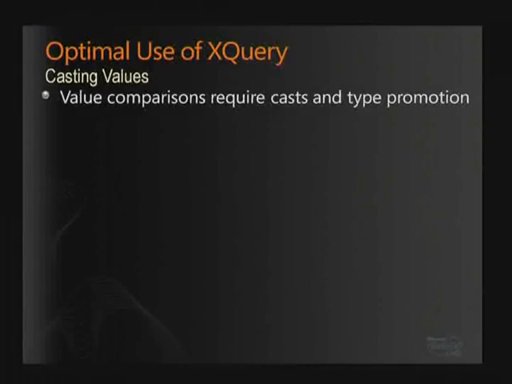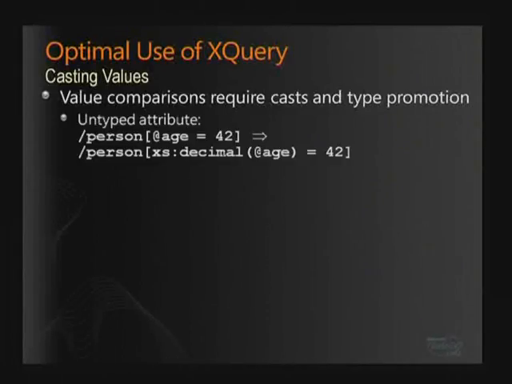Same here. So, for example, if you have an untyped attribute in XML, no schema associated with it, and I say person age equals 42, and I provide the 42 as a numeric literal, then the algebraizer actually inserts this decimal cast to it. And that's cost additionally.